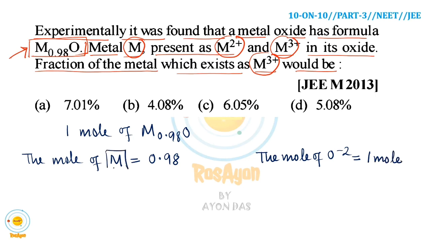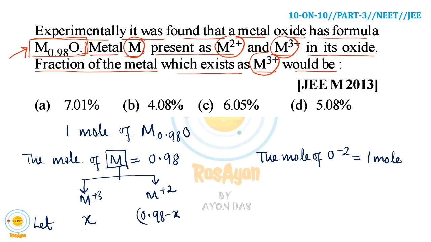In this metal, two types of metal are present: M+3 and M+2. Let the mole of M+3 equal X. Then the number of moles of M+2 equals 0.98 minus X. That is clear because total metal is 0.98.